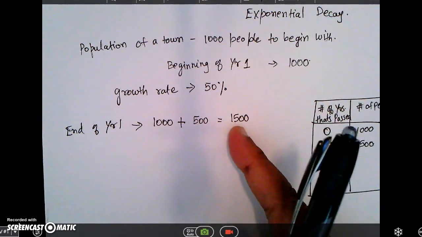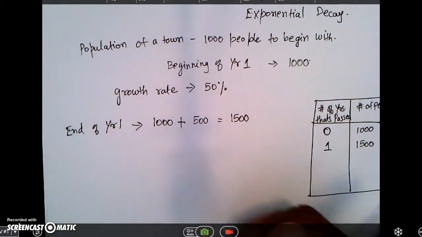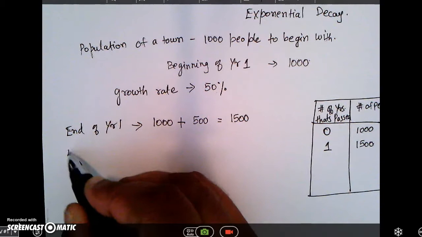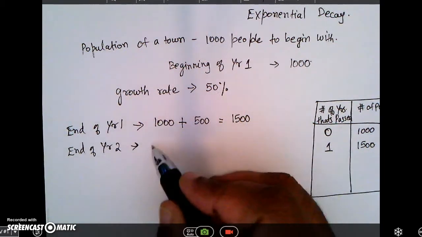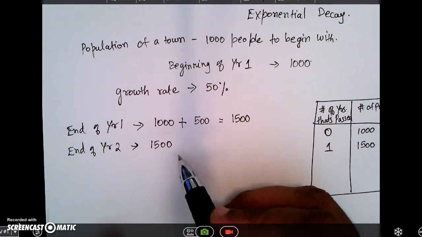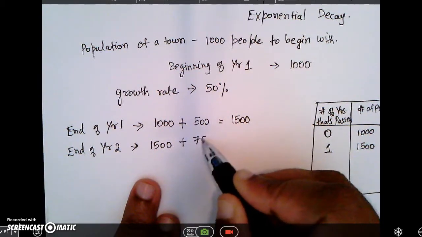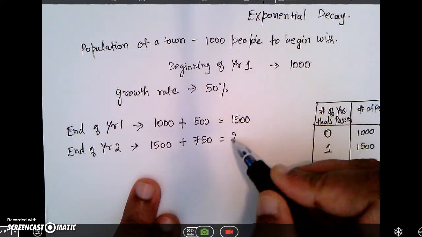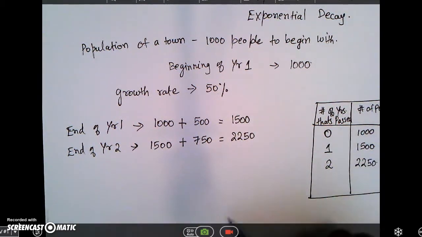Now year 1 has ended and year 2 has begun. At the beginning of year 2, I have 1,500 people. At the end of year 2, I'm adding 50% of that, which is 750, so I will have 2,250 people in that town.